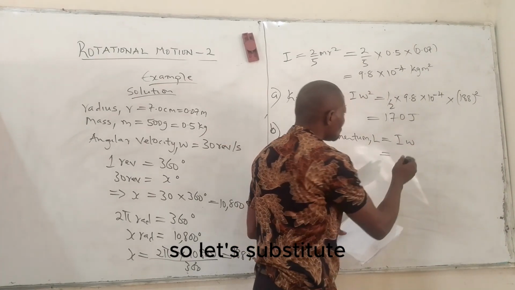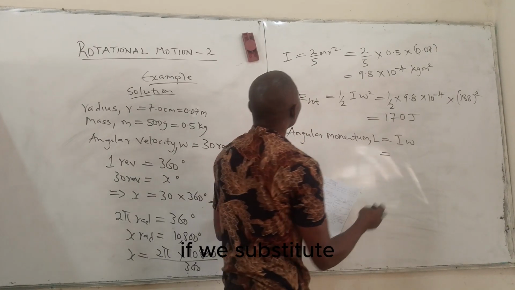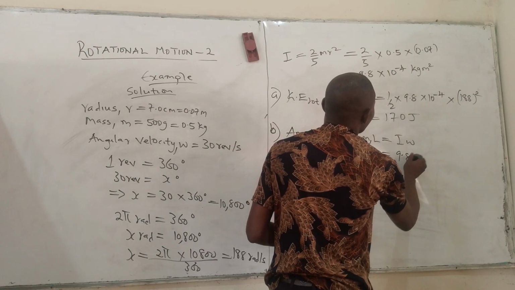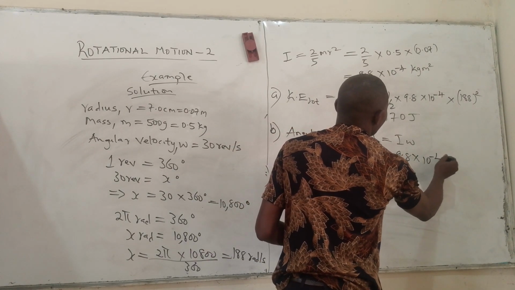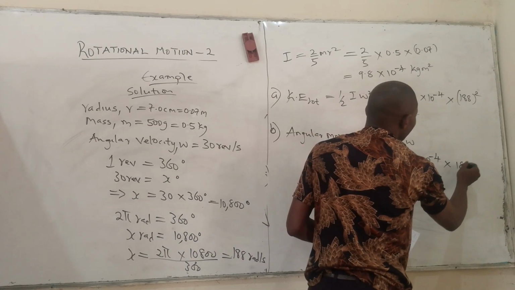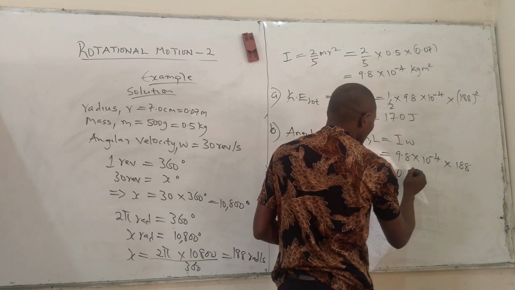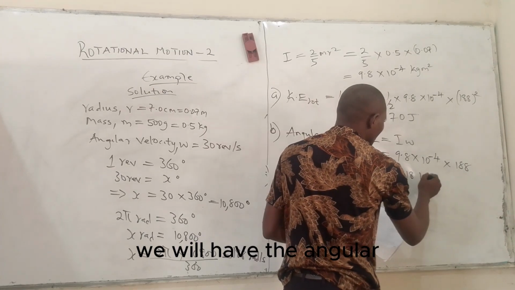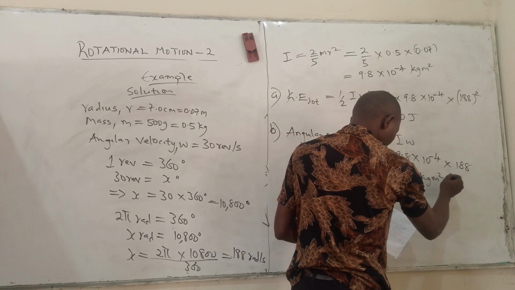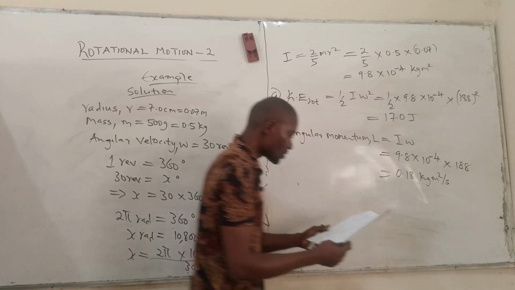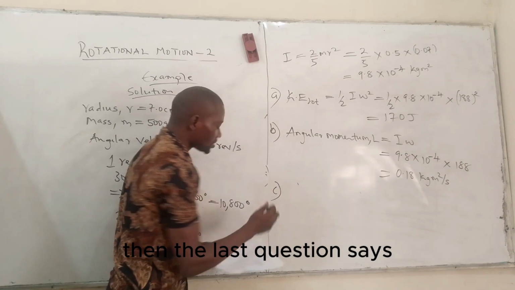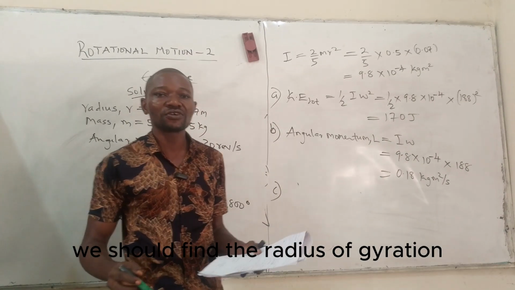So let's substitute. If we substitute and simplify, we will have the angular momentum. Then the last question says we should find the radius of gyration.